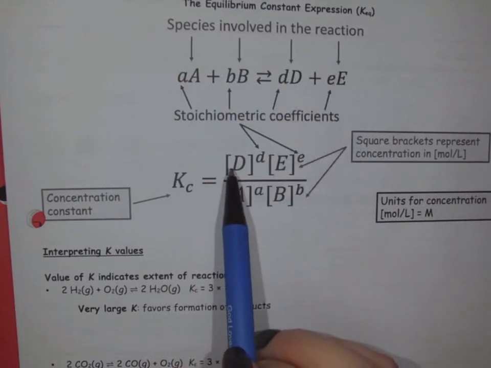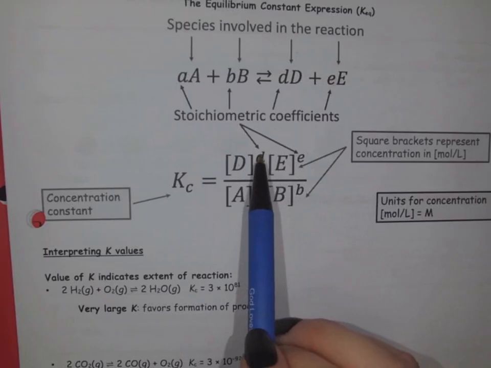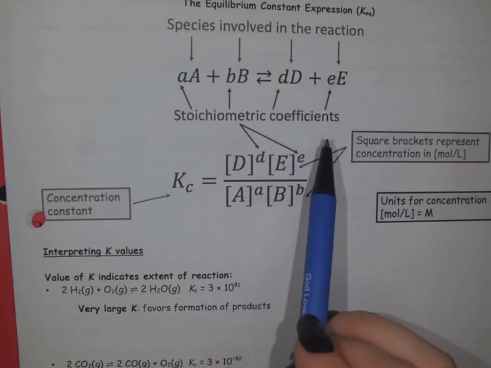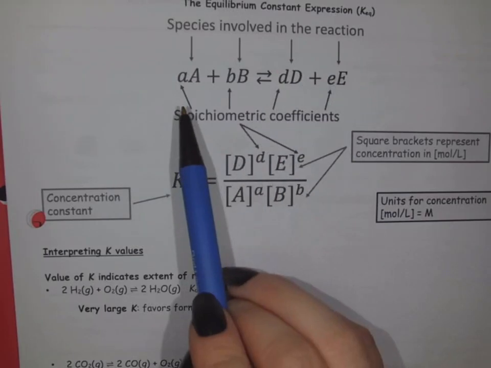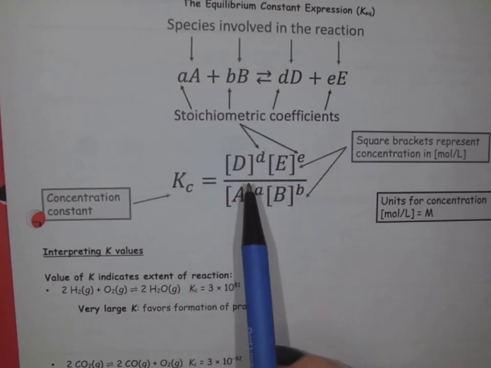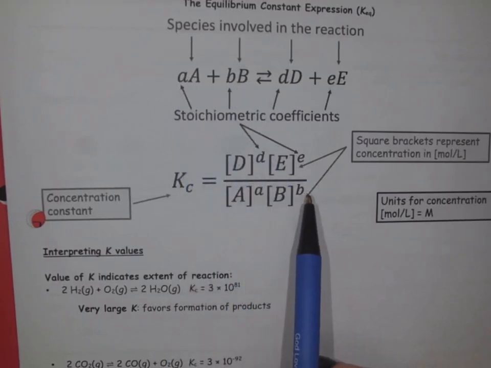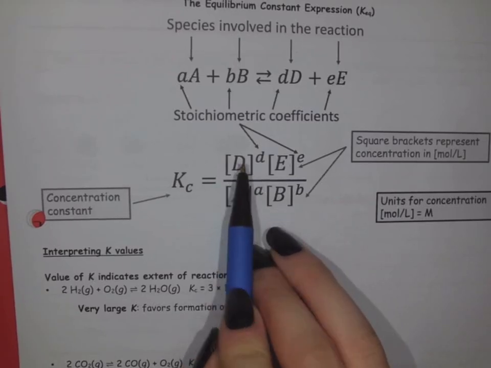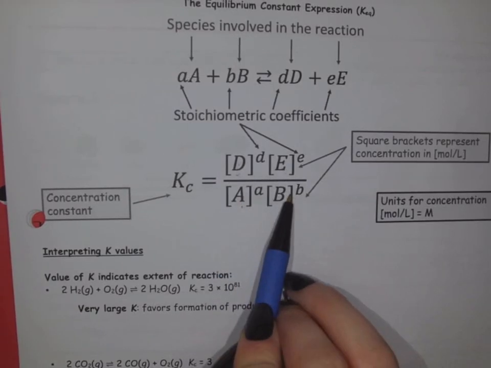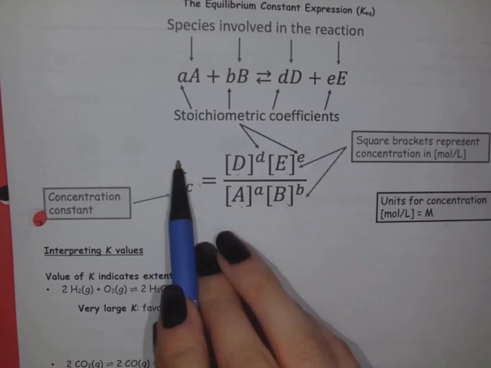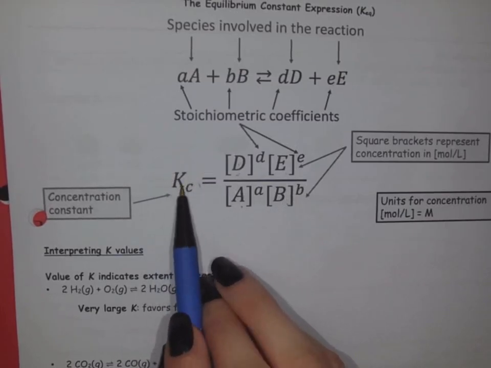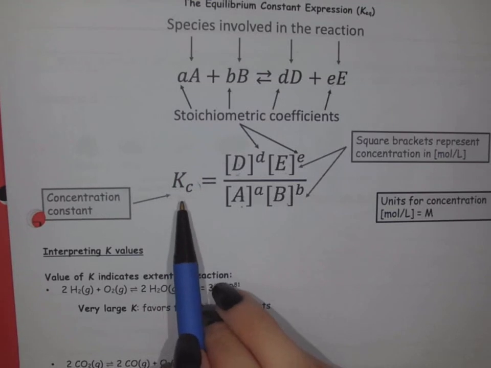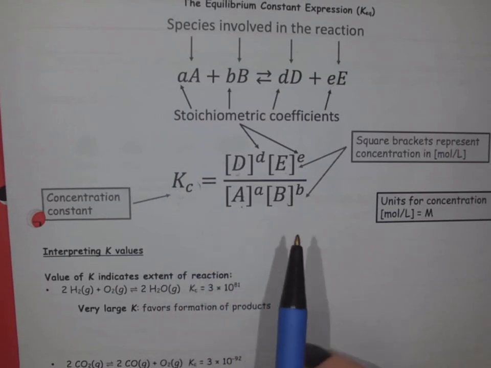If you take the concentration of the products and raise it to those coefficients, and then divide that by the concentration of the reactants raised to those coefficients, when the reaction is in equilibrium, you will get the equilibrium constant, the K value, that is only true when the reaction is in equilibrium.